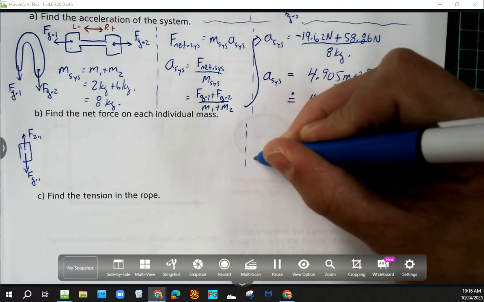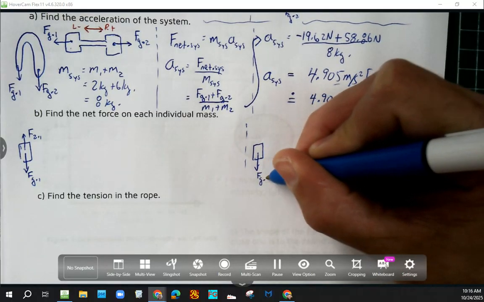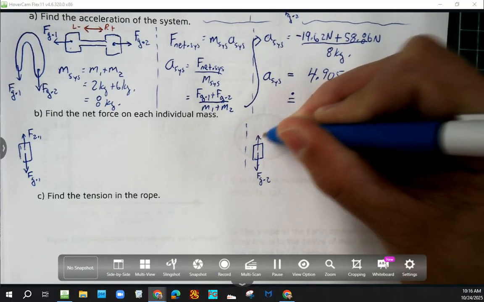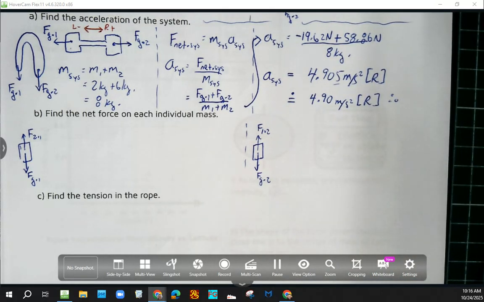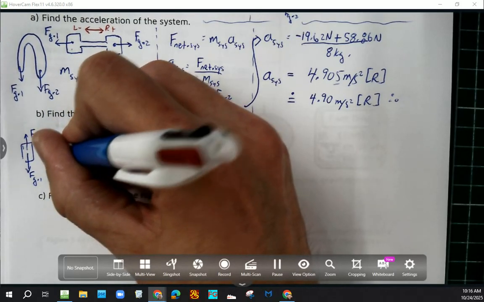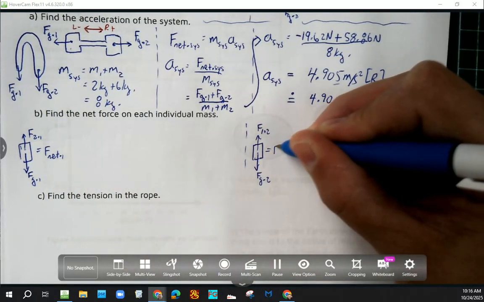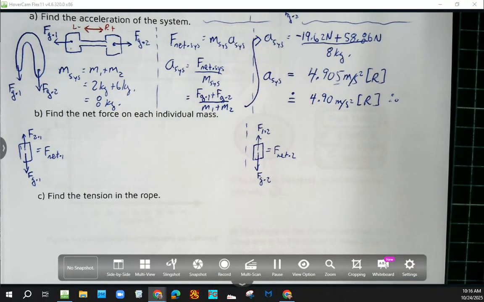I could do the same thing for object 2. I'd have Fg2 times force of 1 acting back on 2. But each of those free body diagrams is always equal to the Fnet. Fnet 1, Fnet 2. And just a reminder that free body diagrams are a way to generate formulas.